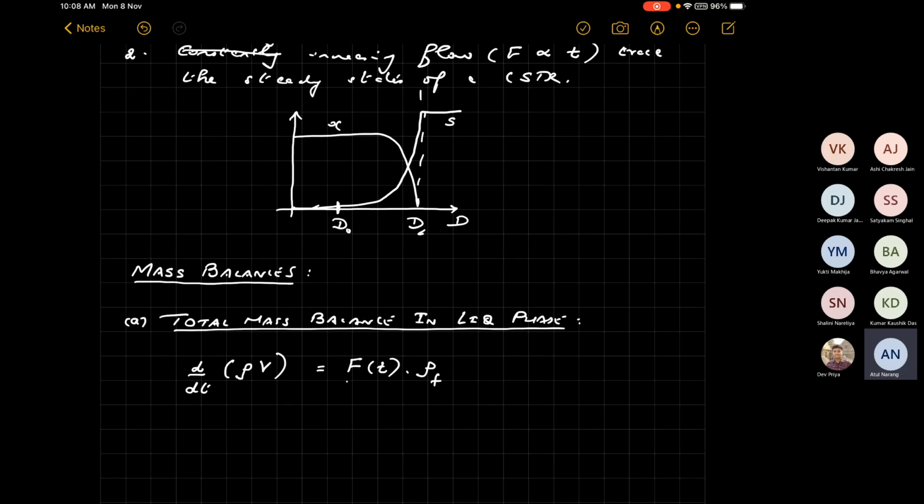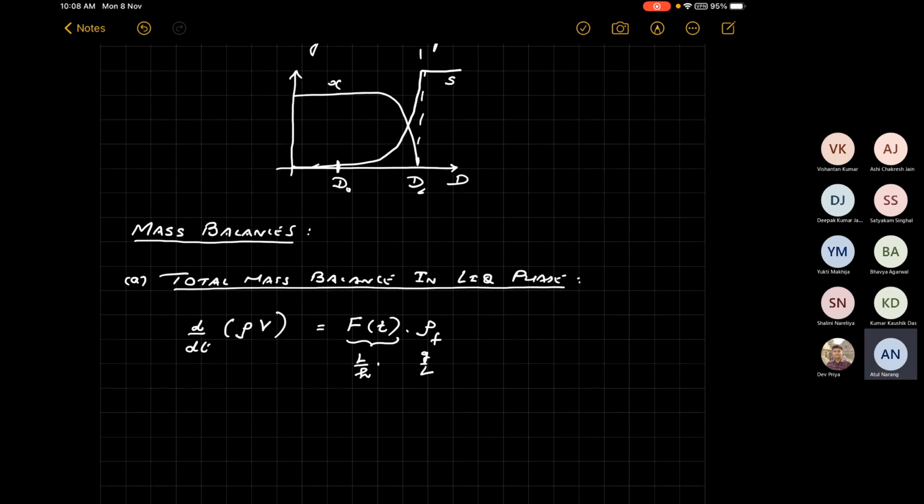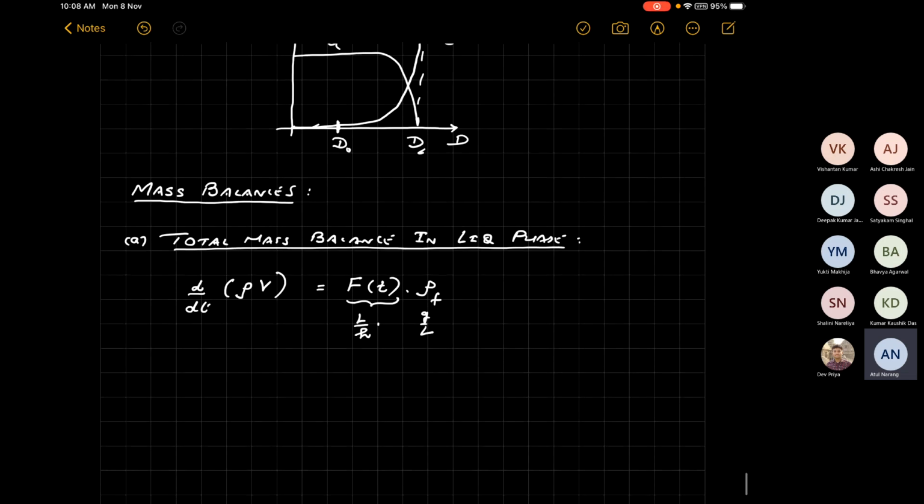So this has units of, say, liters per hour, and this has units of grams per liter, right? So this is essentially grams per hour. This is the mass flow rate. The rate of change of mass of the reactor has to be equal to the rate of mass flow into the reactor.